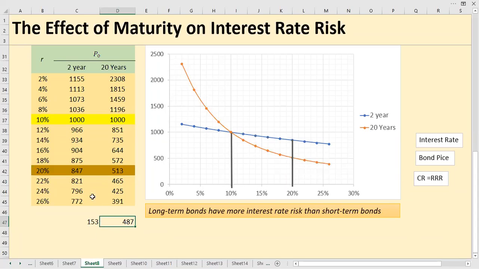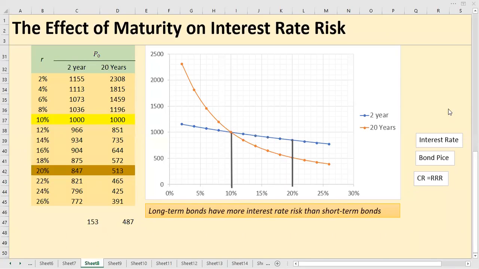Now you can see here, for the same values, we have a 2-year bond and a 20-year bond. When the maturity is 2 years, it will only decrease by 153. But when the maturity is 20 years, it decreased by 487 rupees. Right?